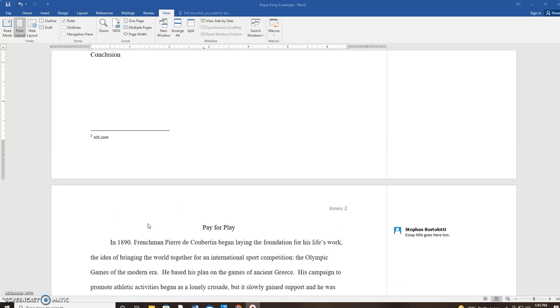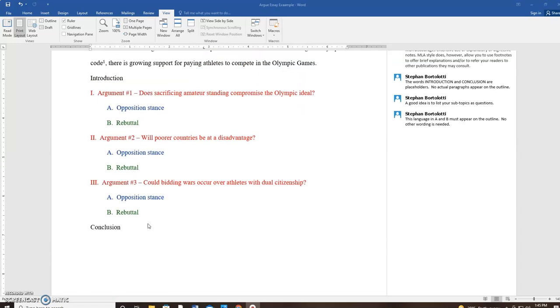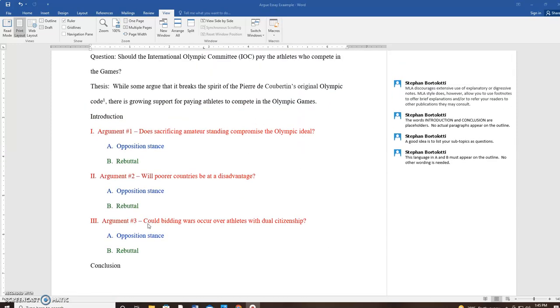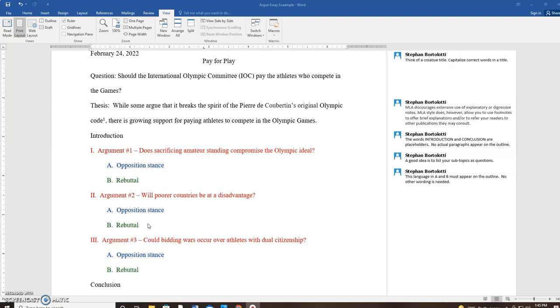So I strongly encourage you to compose your essay using colors. It really helps you figure out the organization, and it really helps you to stay parallel to the outline. And by parallel, I mean that your essay goes in this order: red, blue, green.